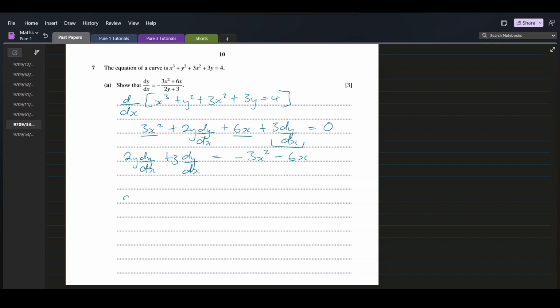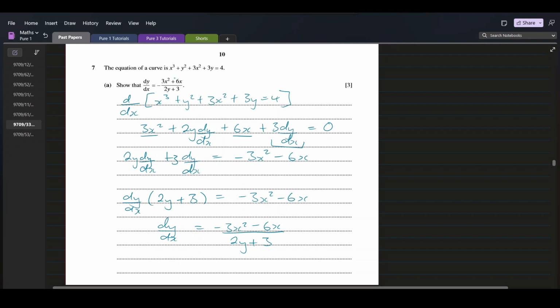So if we factor out dy dx, this becomes 2y plus 3 is equal to negative 3x squared minus 6x, and divide both sides by 2y plus 3. dy dx is equal to negative 3x squared minus 6x over 2y plus 3.